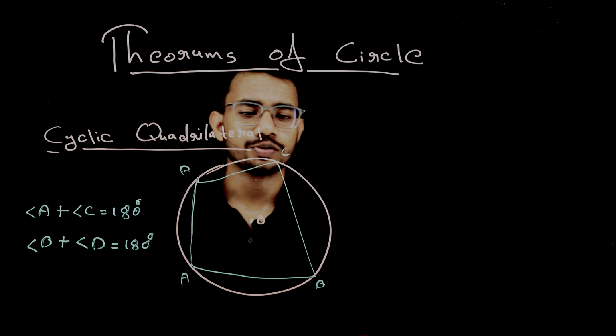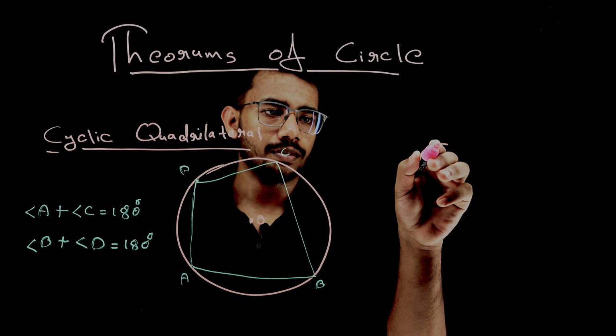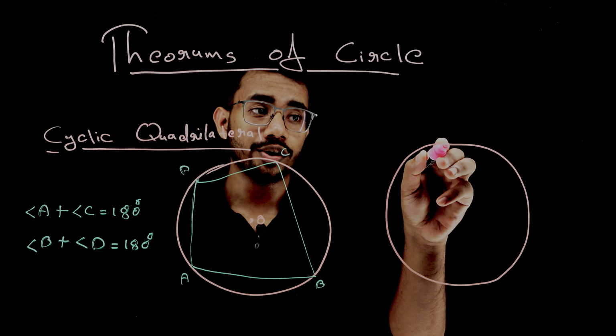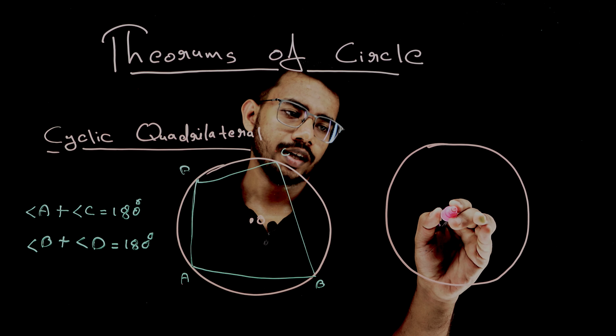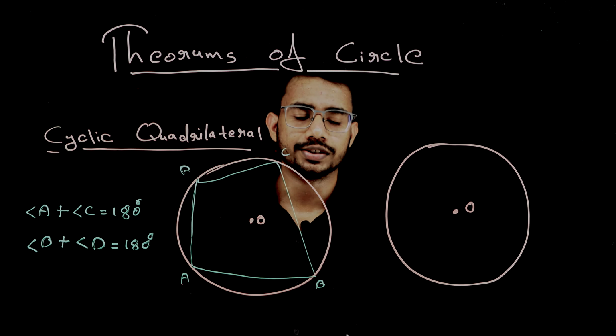Now moving on to the next one. For this case, I'm having a circle, and this is not related to a cyclic quadrilateral. This is more related to a triangle itself. And I'm having a point O here, and that is the center itself.